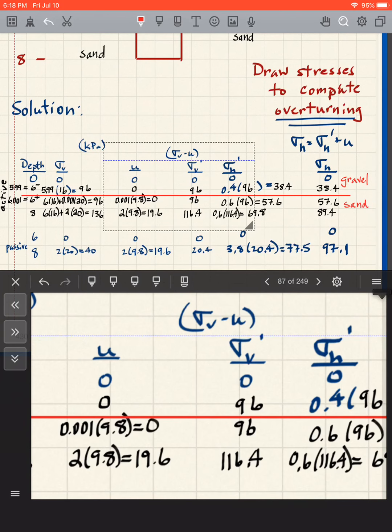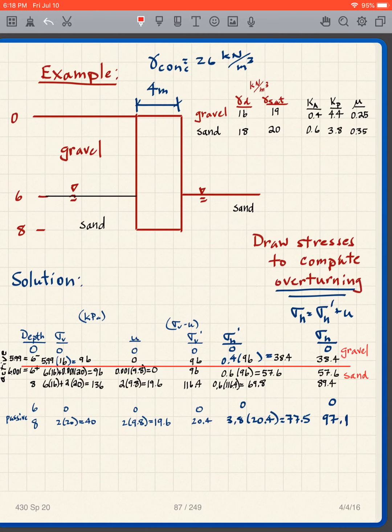So once we know that, what does that mean for us? That means that in the gravel, I'm going to use Ka in the gravel, 0.4. In the sand, I'm using Ka in the sand, 0.6. So don't forget to use the correct earth pressure coefficient. And again, this is the active, this is the passive. So when we get down here, I'm going to use the passive coefficient, 3.8.